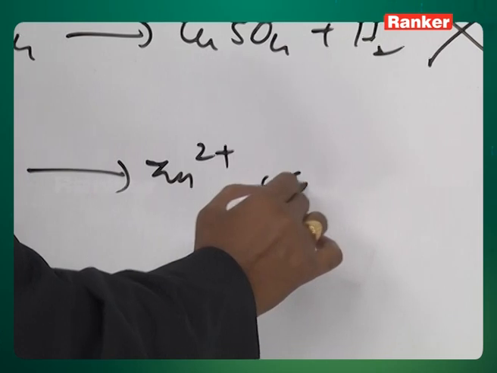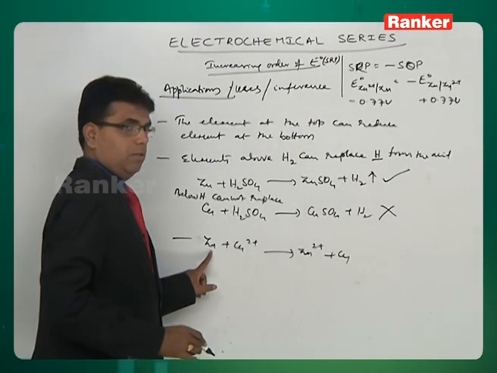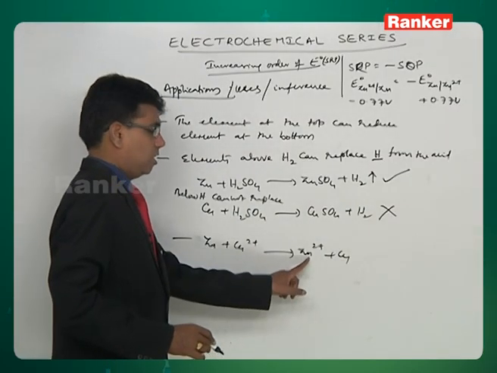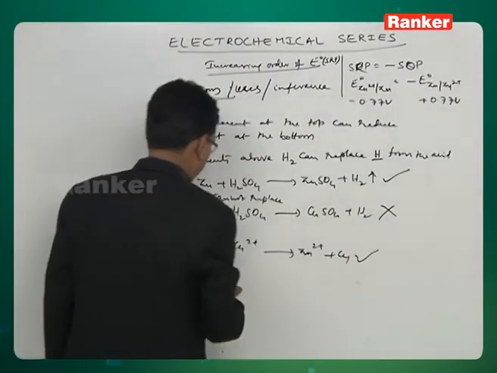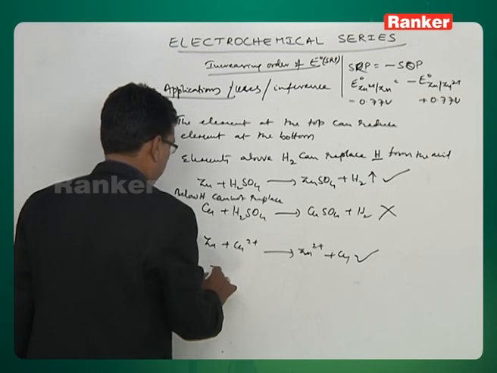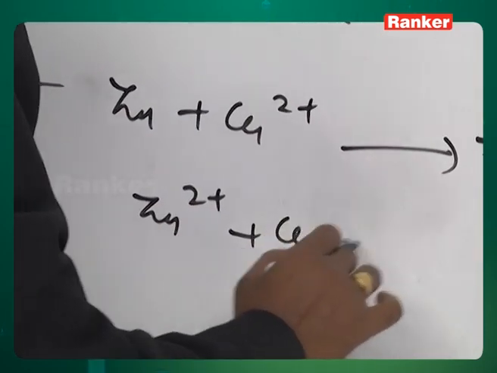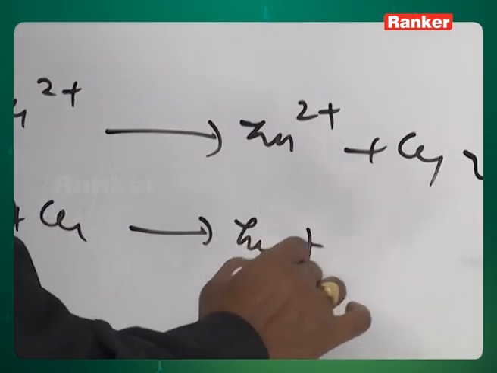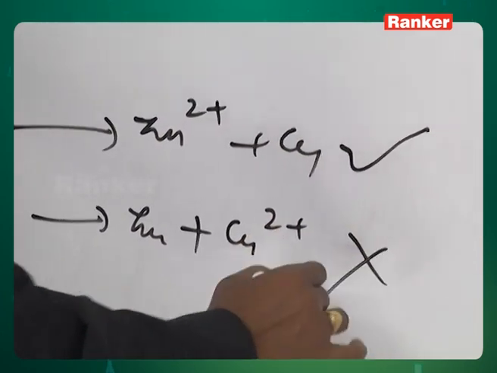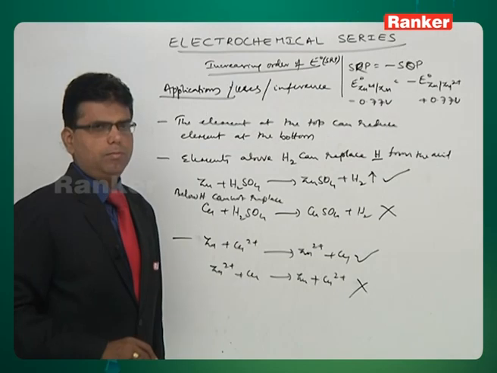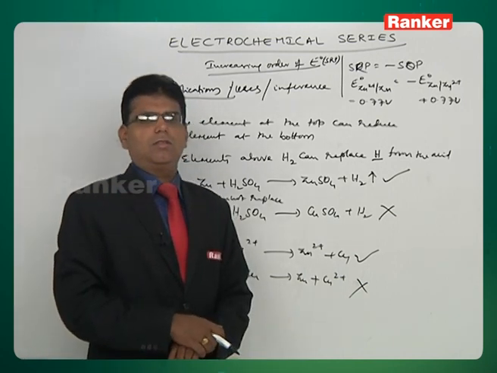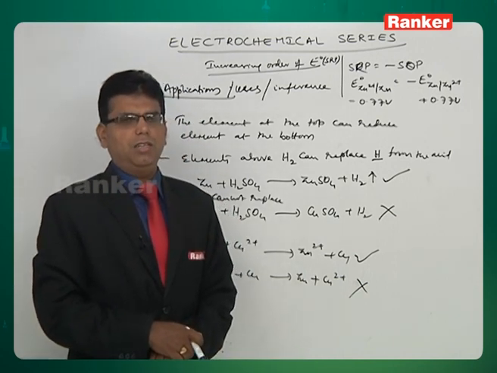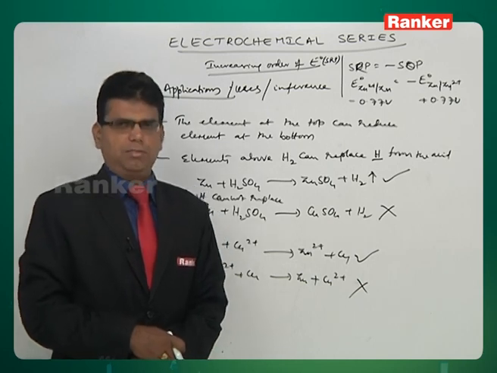The element at the top undergoes oxidation and reduces the ion to metal. But the other way around, Zn2 plus plus Cu to Zn plus Cu2 plus, is not possible. So, these are two very important facts that we can understand from the electrochemical series.